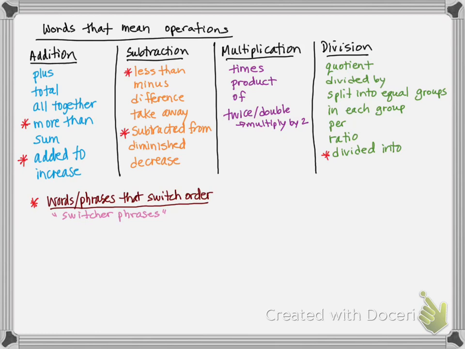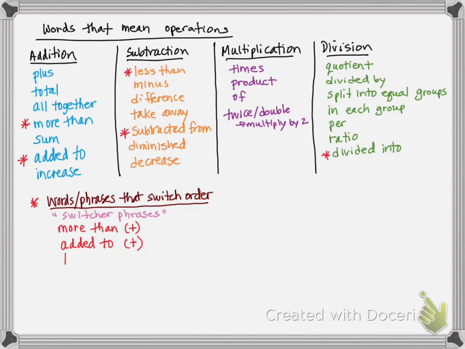It's kind of strange. Switcher. So the ones we had here were more than and all of its cousins. That tells us over addition we're going to switch the numbers. Added to: 5 added to 20. 20 is what I started with, and then I'm going to add to it.